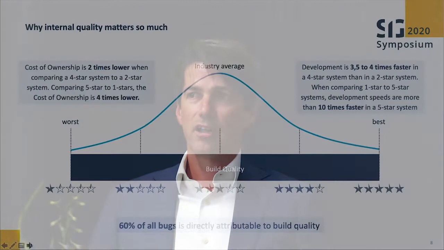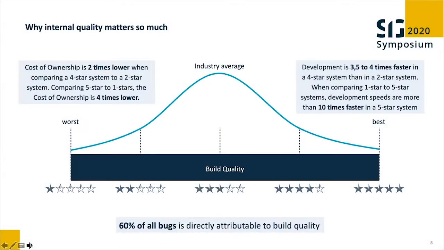It also shows that when you compare a 2-star system to a 4-star system, that 4-star system will be twice as fast to develop. So your cost of ownership will be twice as low, and your speed of development will be 3.5 to 4 times faster. So there is actually a lot of value in your build quality.